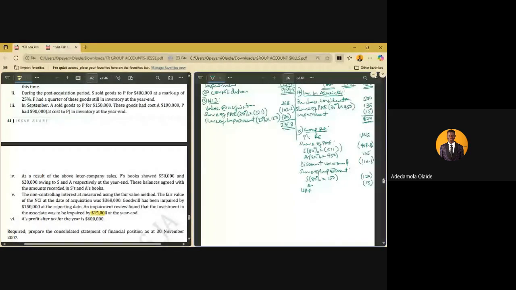So we have what? What do we have in total? 614.1. Yes, that should be 614.1. So that is that. What do we now have? I think that is all we can do. We should now proceed to consolidated statement of financial position.